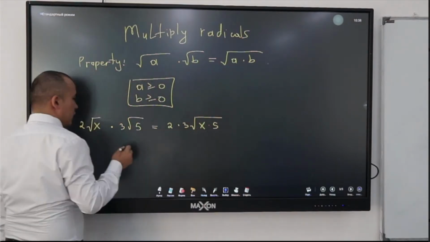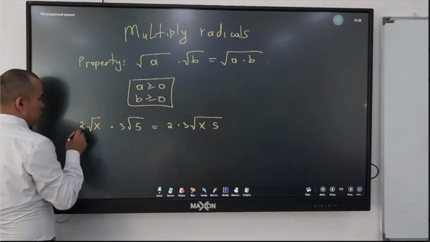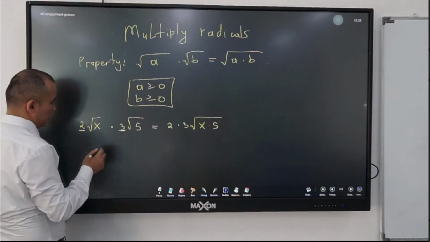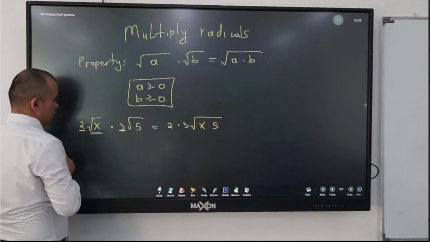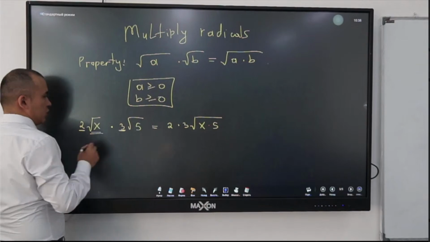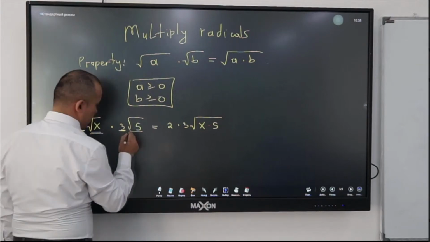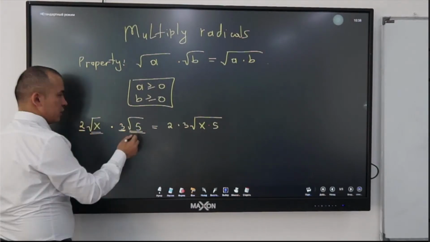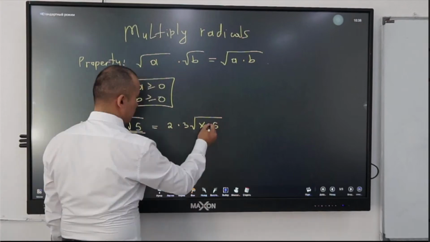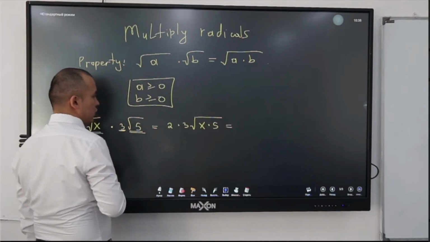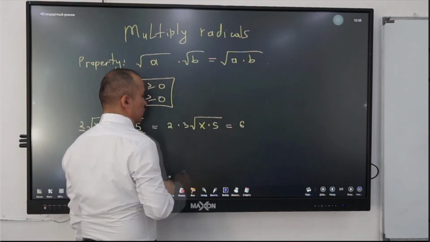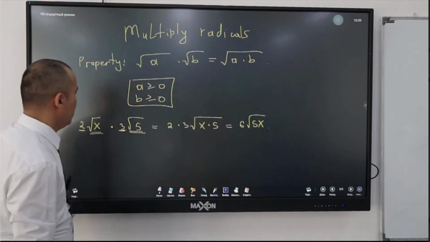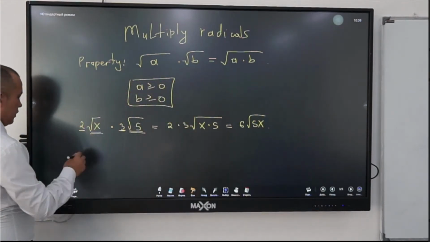When we multiply the radicals, the numbers outside the radical we multiply with the numbers outside, and any number or variable under the radical we multiply with the number under the radical. So we will take 2 times 3, which will be 6 root 5x.